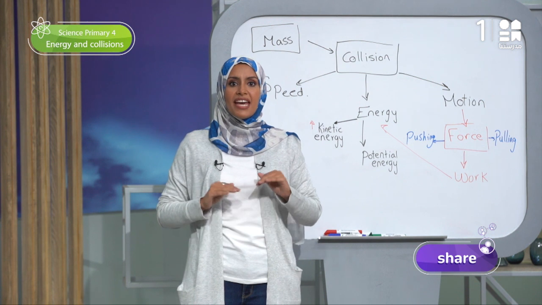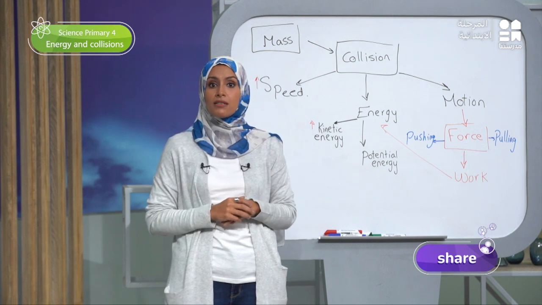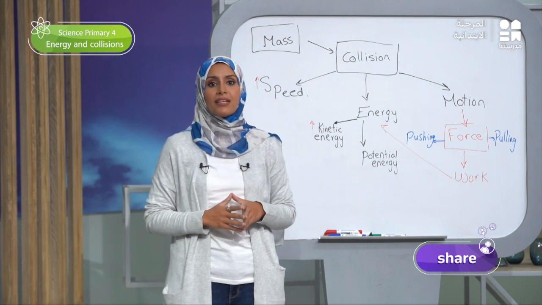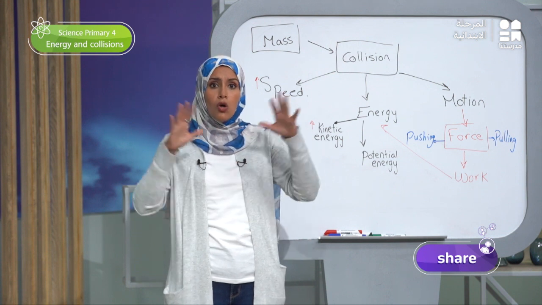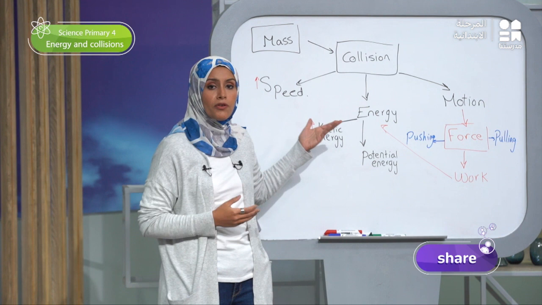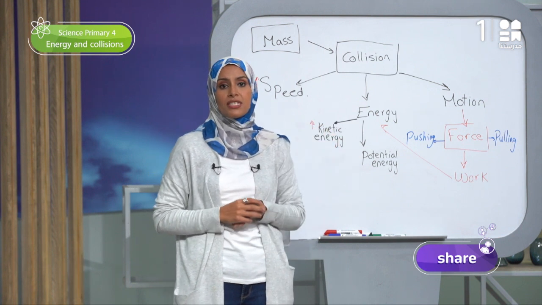If you have any additional questions about speed or collision, write them down after the summary and think of how we can use all that we have learned to think of a way to improve the safety factors in vehicles.